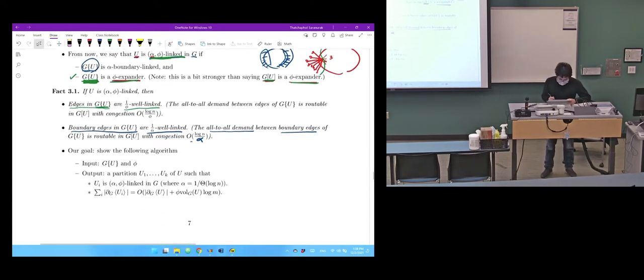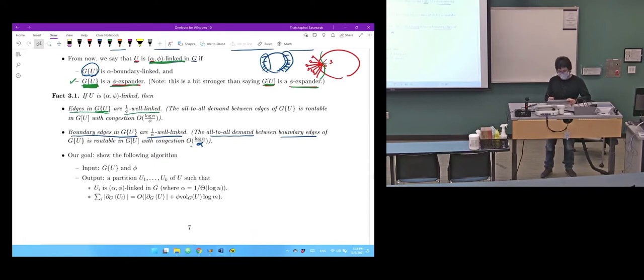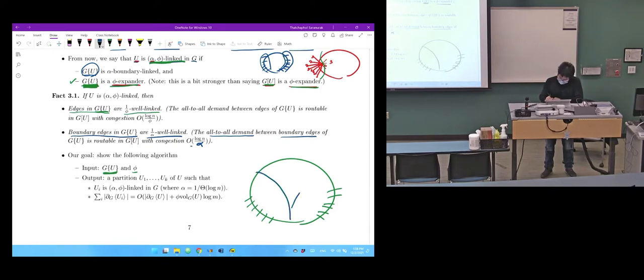And we can also show that given a graph with battery and some parameter phi, you can actually find a partition such that each part is alpha-phi linked.